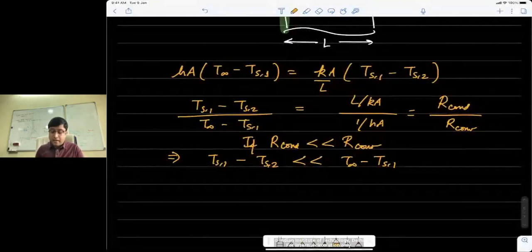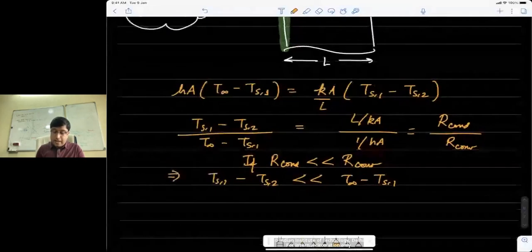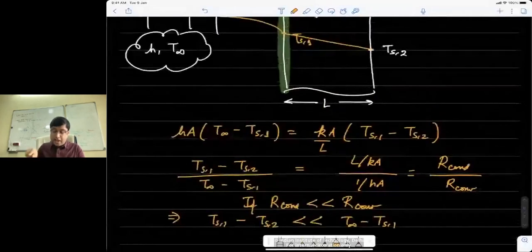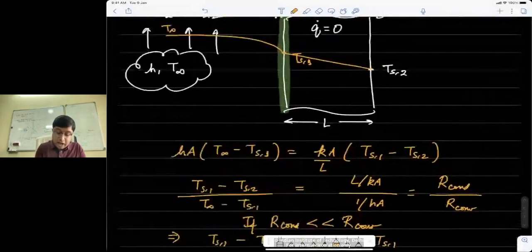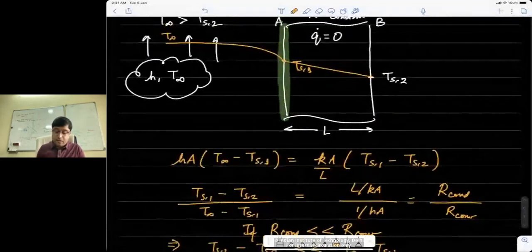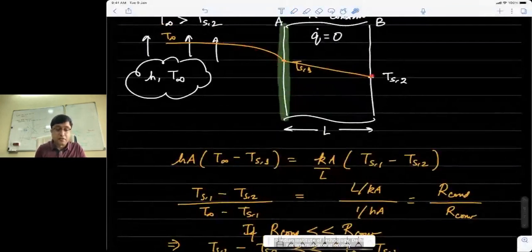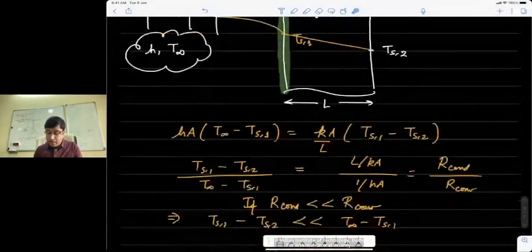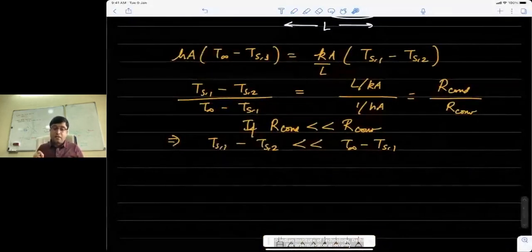And what does it imply? If TS1 minus TS2 is much less than T infinity minus TS1, it means that the temperature variation in the solid would be marginal as compared to temperature variation outside the solid. The outside of the solid is the boundary layer variation. This is actually the thermal boundary layer variation. So this variation would be much larger as compared to this variation, which means I can sort of assume that the whole solid is at the same temperature.